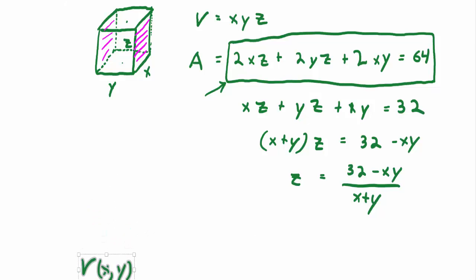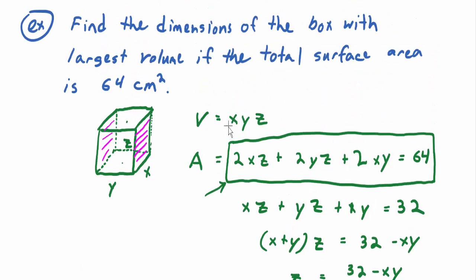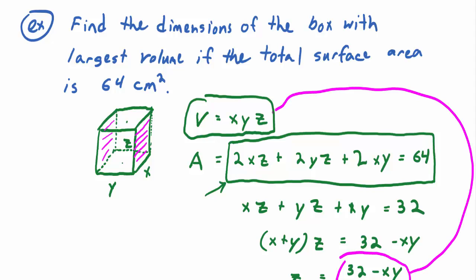Yeah? Okay, so then if you think of our volume equation that we want to maximize, v equals x times y times z, I'm just going to plug in what z equals in terms of x and y into that equation.